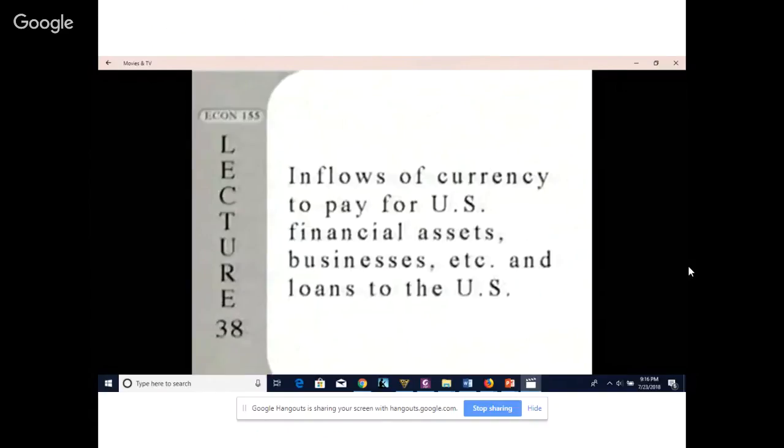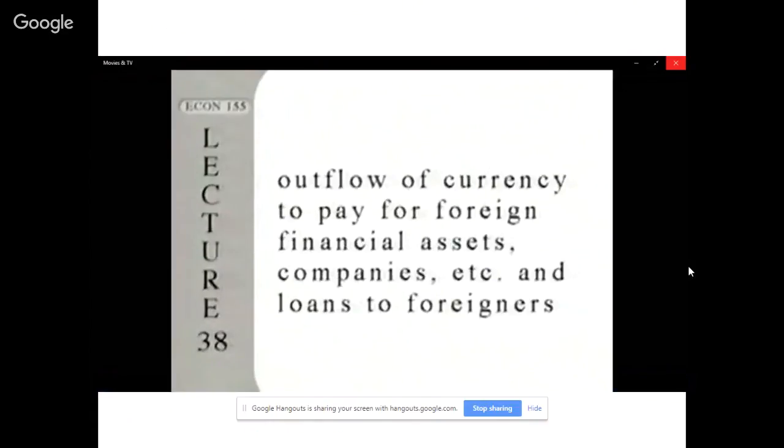When we buy assets from another nation, let's say China, I want to buy Chinese assets, it's going to be an outflow of currency. And vice versa, when Chinese citizens or government want to buy American assets, there's going to be an inflow of funds, of currency from China to the United States. So we have an inflow and we have an outflow, depending on the case.